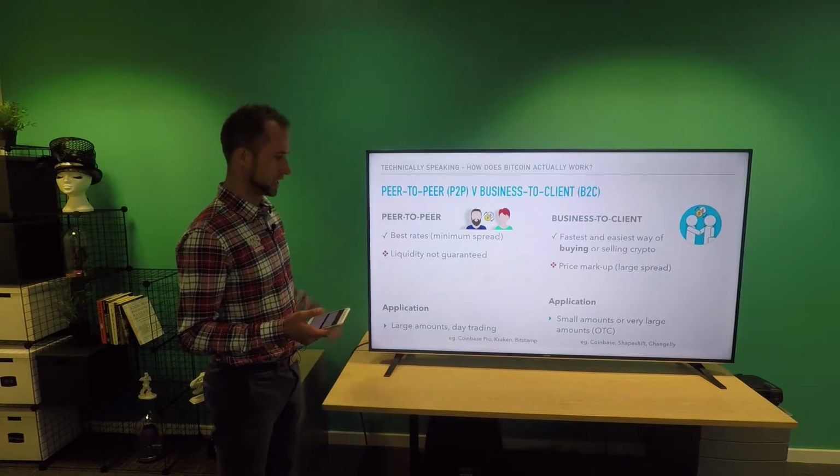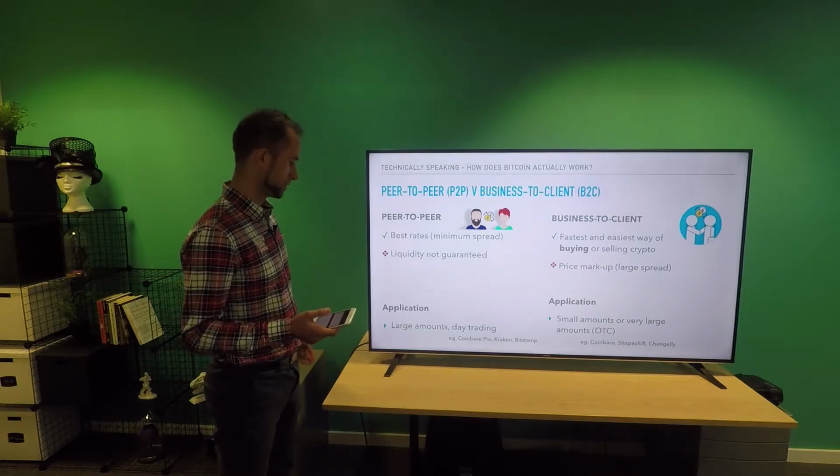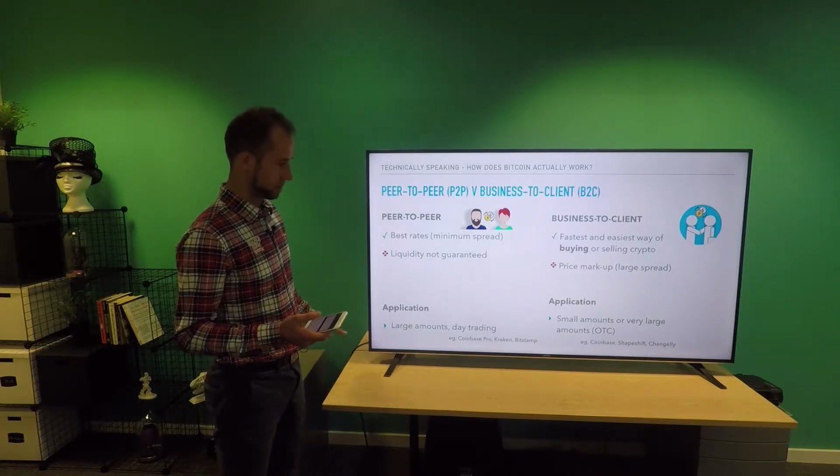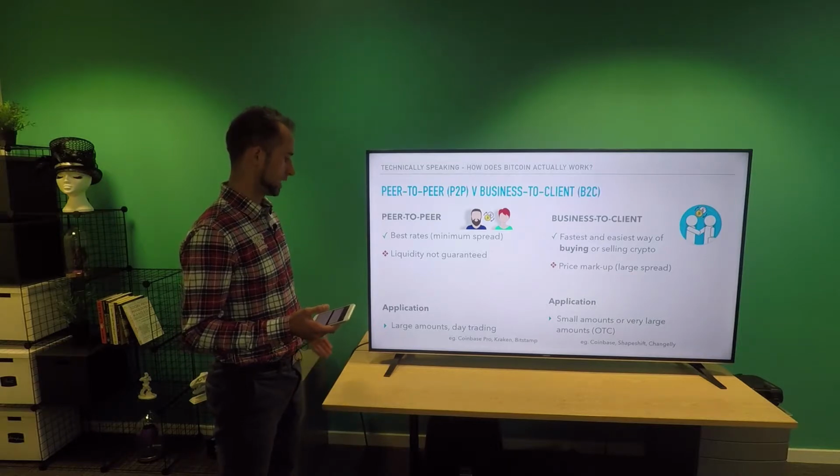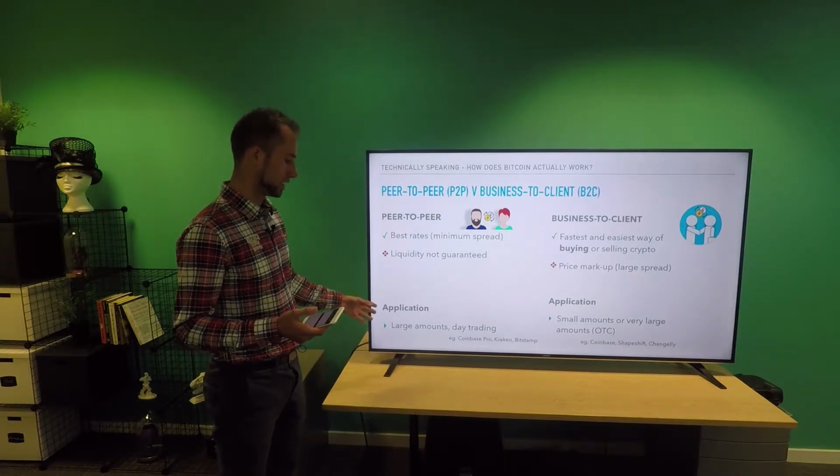But the liquidity isn't always guaranteed on peer-to-peer exchanges. Generally, they could be applied quite widely.